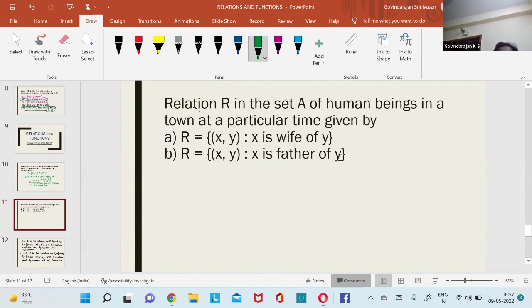That is, X comma Y belongs to R, but Y comma Z does not belong to R. So we cannot say it is not transitive, therefore it is transitive. In some cases, if Y is a female, it is transitive, and if Y is a male, it is not transitive. So on the whole, this relation is not transitive.